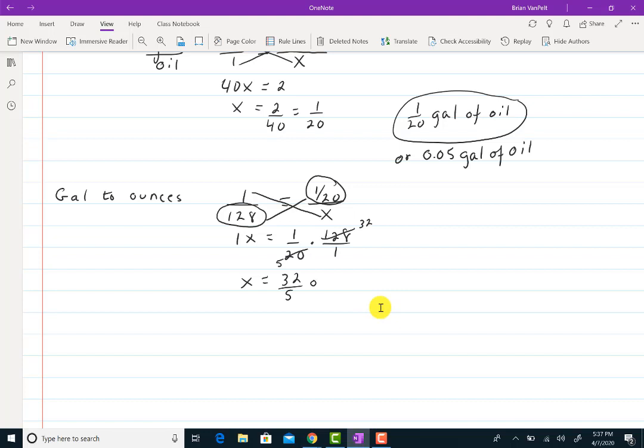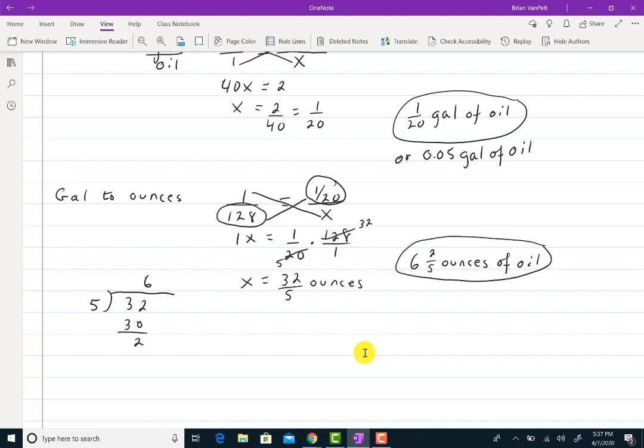So you could say 32 over 5 ounces, although it's unlikely that that would be accepted for an answer. Either a mixed number or a decimal seems appropriate. So for the mixed number, let me take 5 into 32, and it goes in 6 times with the remainder of 2. So we could say 6 2/5 ounces of oil.